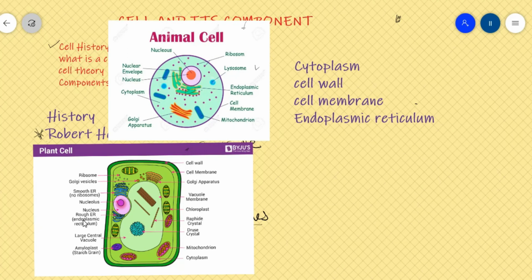But basically, what is this rough and smooth endoplasmic reticulum all about? For the rough, they help in the formation of enzymes and proteins. Another function is that they transport metabolic products. Like I said, they are more like canals, almost like a drainage system, like I used to imagine them.